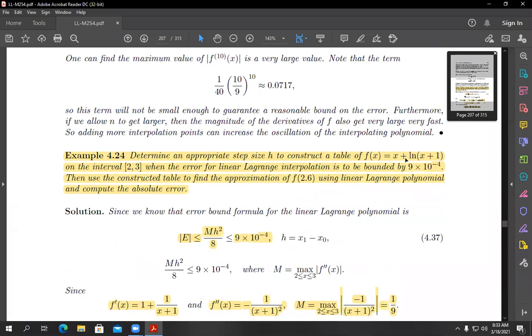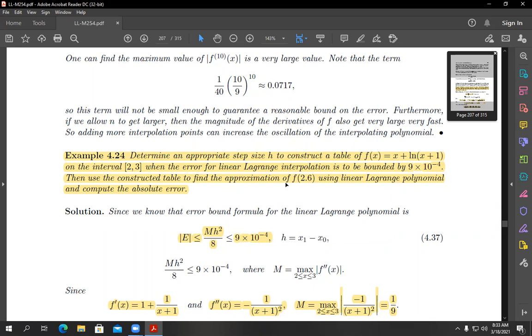It is 2.6 plus ln of 2.6 plus 1. 2.6 plus 1 is 3.6, sorry.